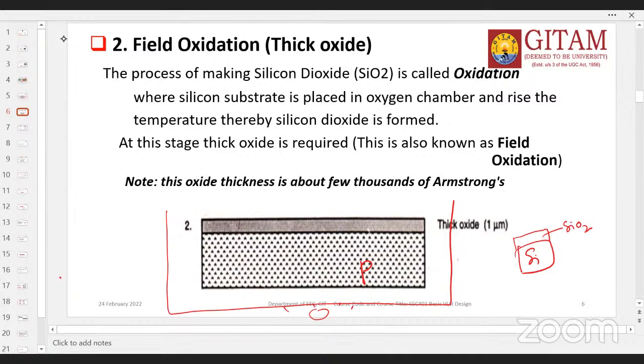Then the oxygen reacts with the silicon and forms silicon dioxide.